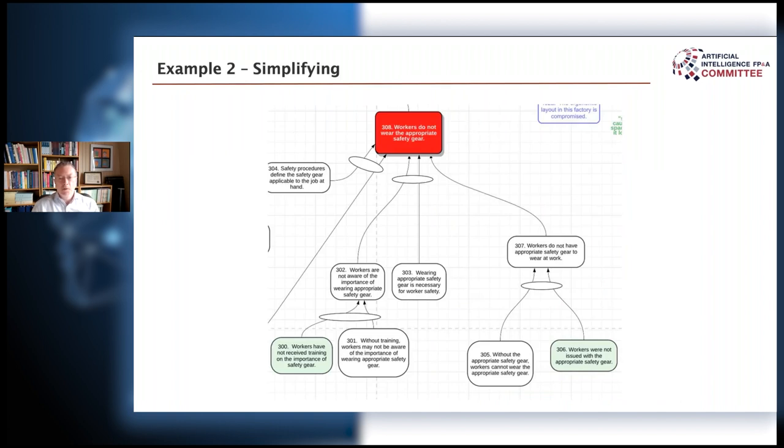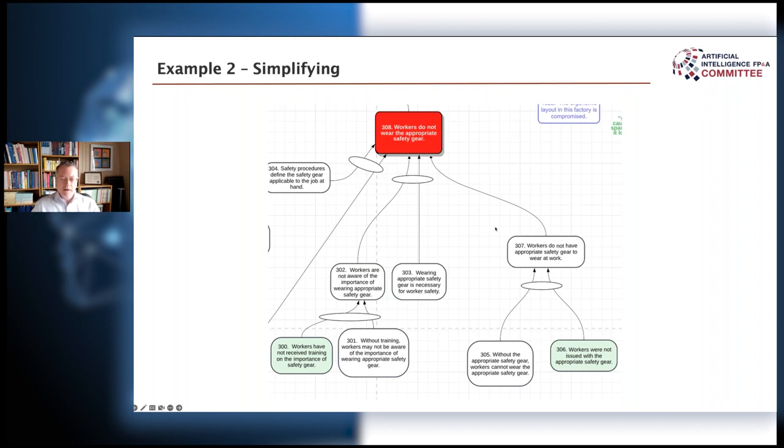Here's another example of simplifying statements. Here we have just a small piece from a current reality tree done by one of our students in the training course that we're running, me and Bill Detmer. And this has to do with the causes why workers in a factory don't wear the appropriate safety gear.